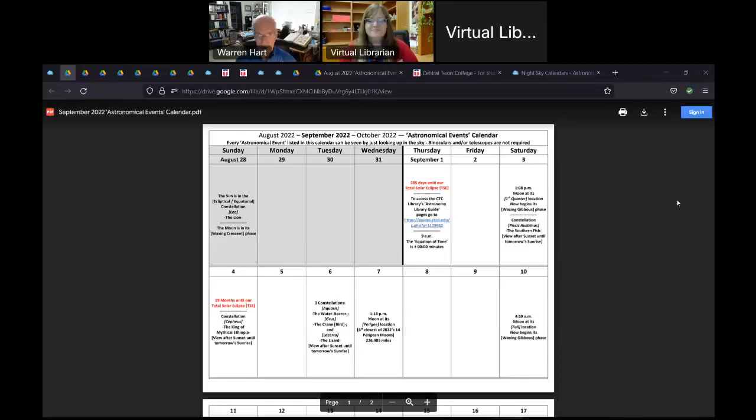So let's go on to September and keep track for us. You notice on the first day of September there is an indication, I've written it in red, of how many days until our total solar eclipse. I'll be putting that on the first day of each month and, when it works out, other intermediate dates.